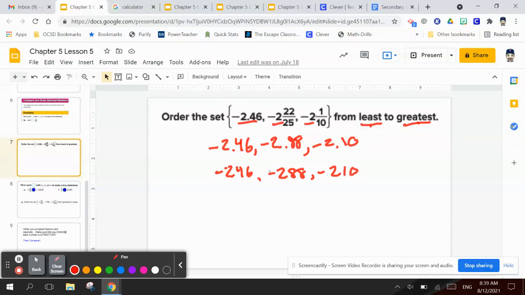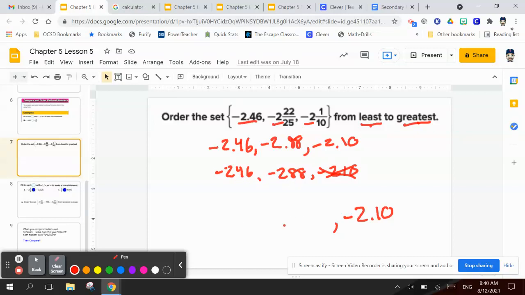Since we're comparing all negatives, which one is closest to 0? That's going to be your larger number. Well, 210 is closest to 0, so we have negative 2.10 as our largest number. Between these two, which one is our larger number? Which one's closest to 0, 46 or 88?